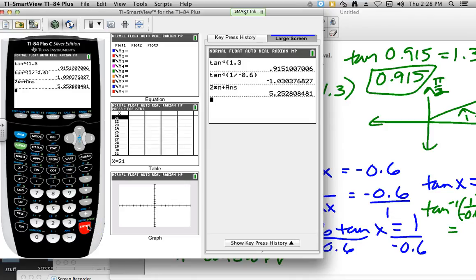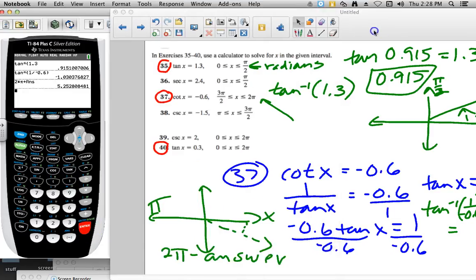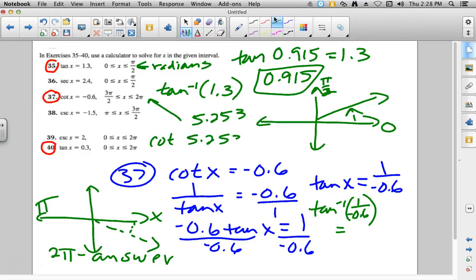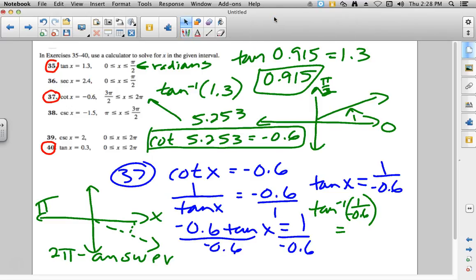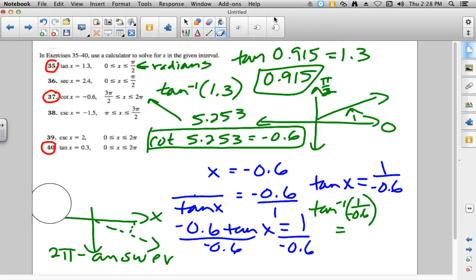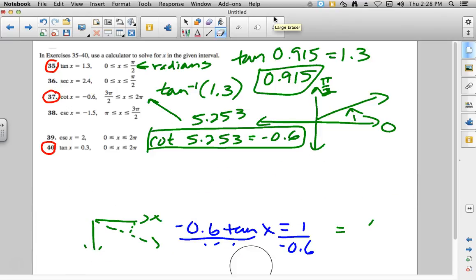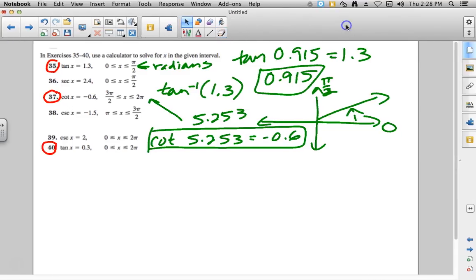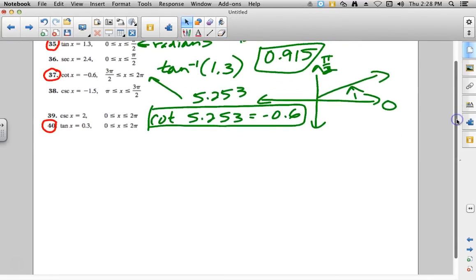And there it is, 5.253. That will meet their requirements. So the cotangent of 5.253 equals negative 0.6. So trying to get that into the correct quadrant is what we're doing. Like I said, we'll be doing this in class tomorrow, but I'll show you a few of these now.